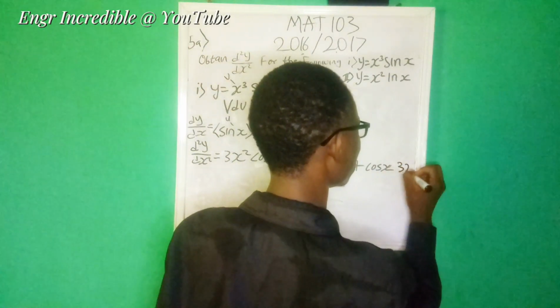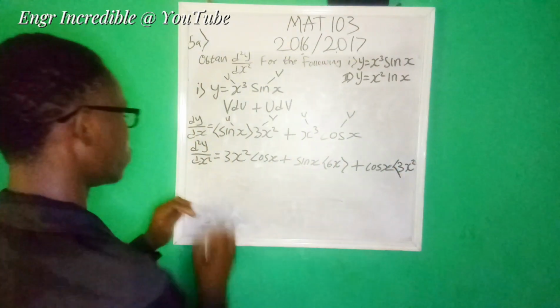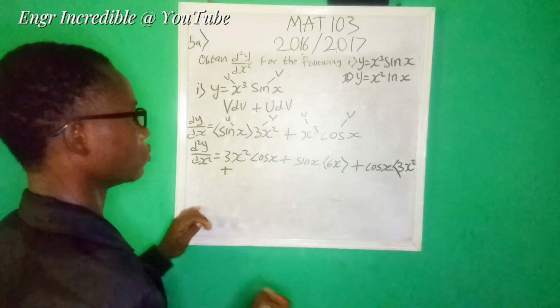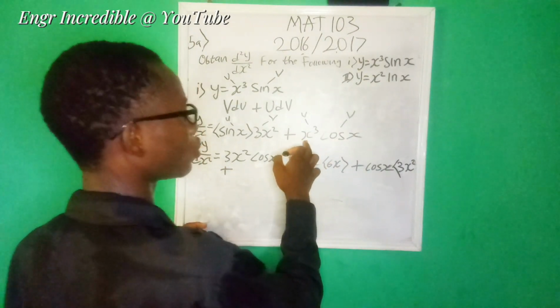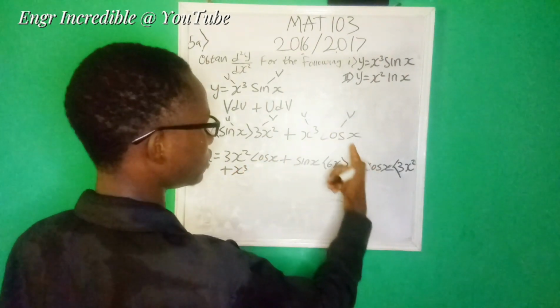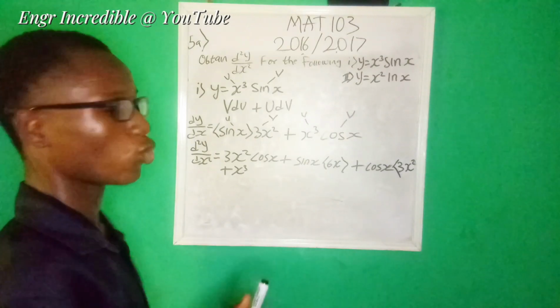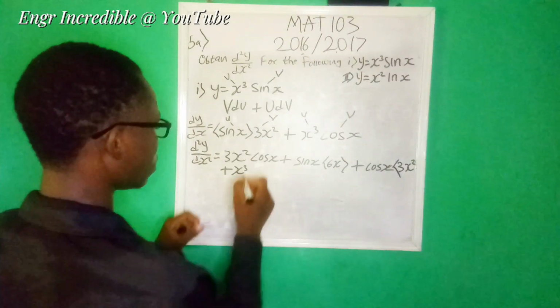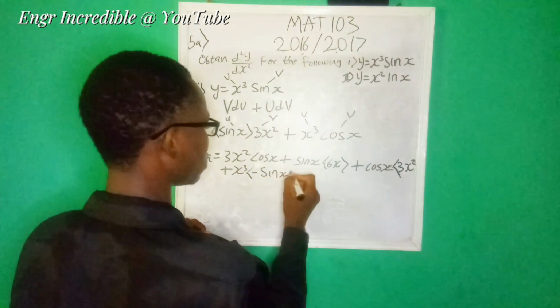We have 3x squared when we differentiate this, then we add it again with u times dv dx. Our u here is equal to x cubed, then our dv dx, when we differentiate cos x, is equal to minus sin x.